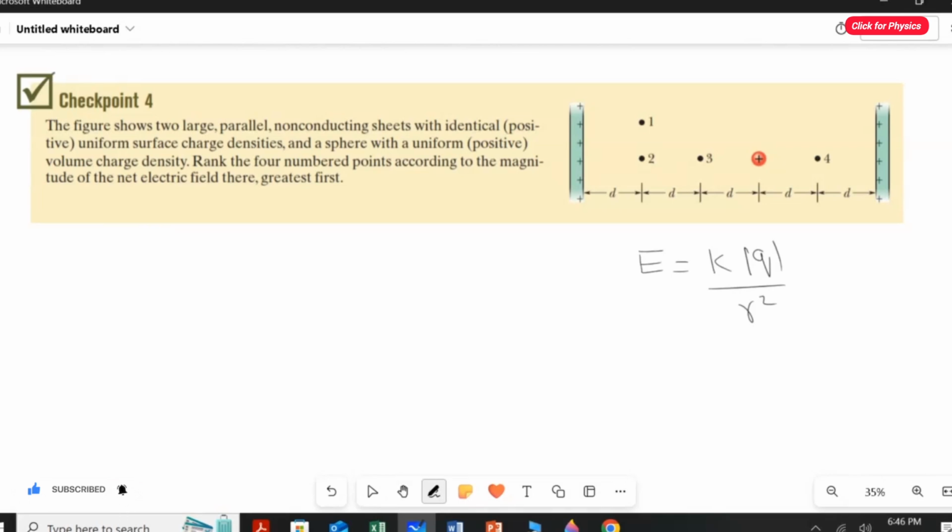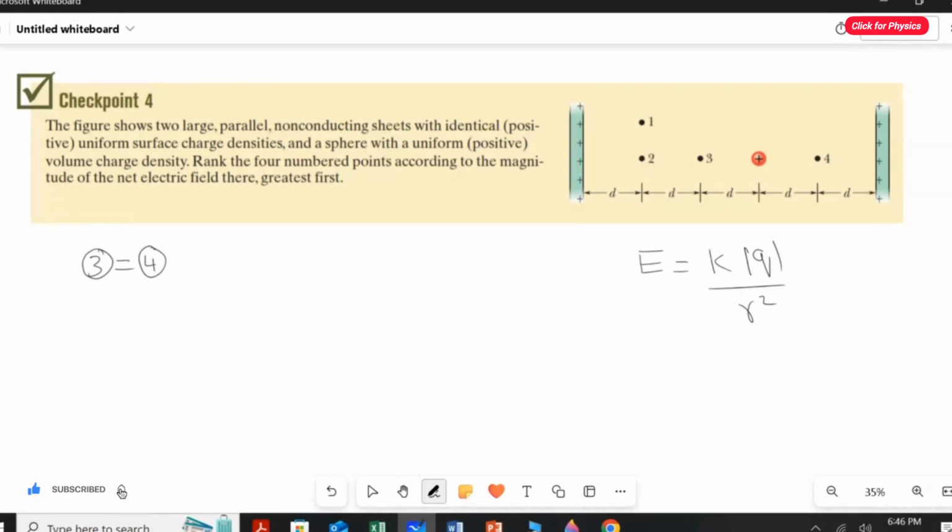The distance from point 3 to the charge and from point 4 to the charge is d, the same distance. So when the distance is small, the electric field strength will be greater. So in location 3, which is equal to location 4, the field strength is greater.